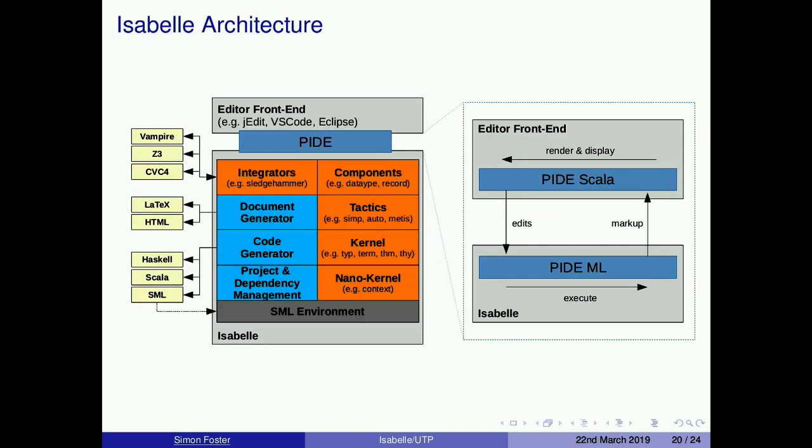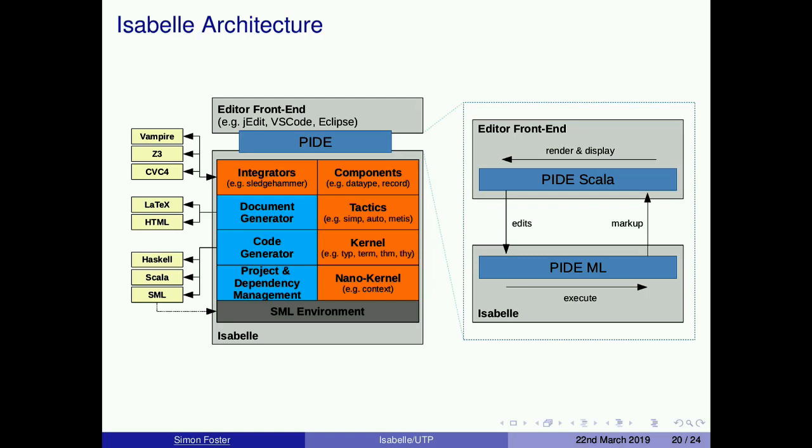And here's an overview of the architecture of Isabelle. So essentially the way that this works is, Isabelle/jEdit that you've been interacting with is the front end for Isabelle. So you type things into Isabelle, and it sends those edits to the Isabelle backend. It executes those edits using a meta language called Isabelle/ML, really.